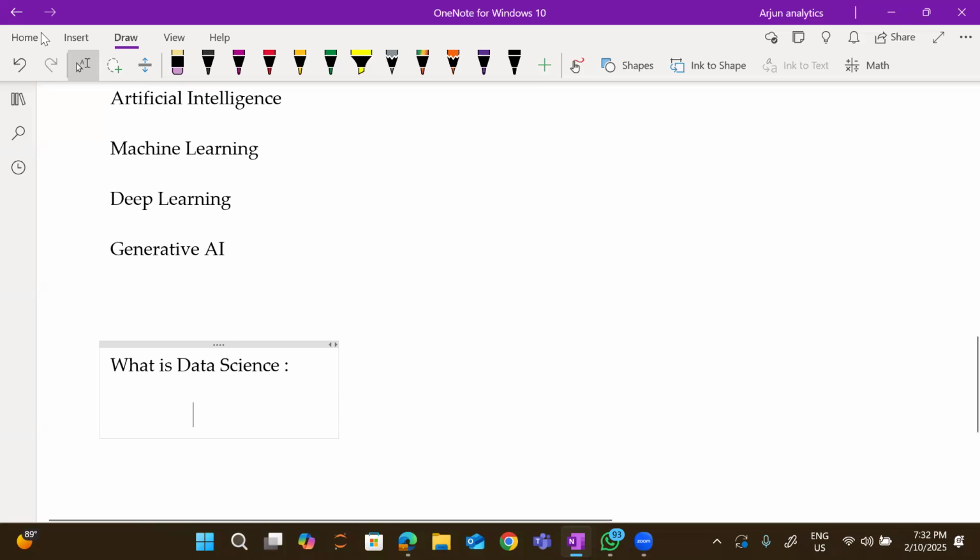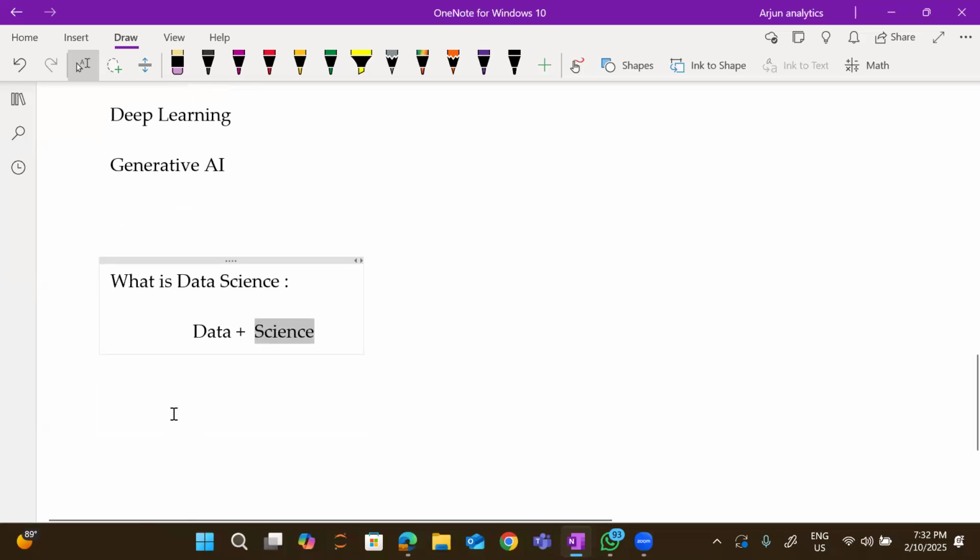Data science comprises two words, data plus science. If you keep the data aside for a moment, we are having science. What is science?